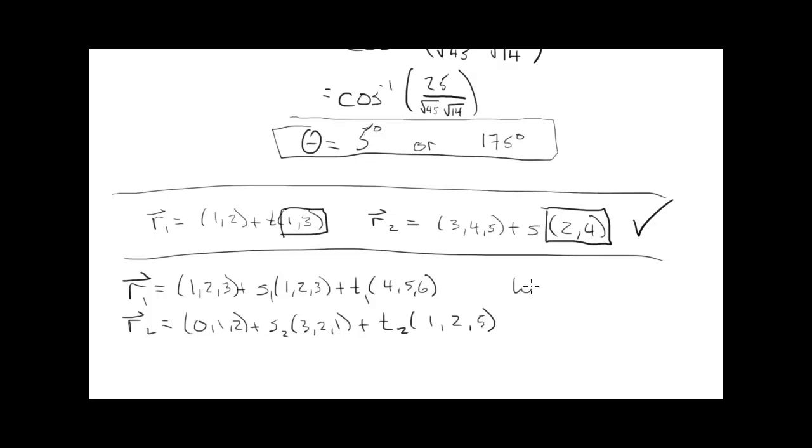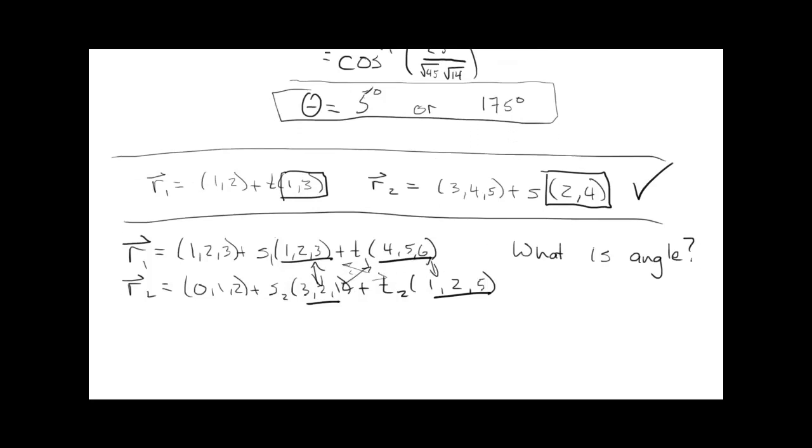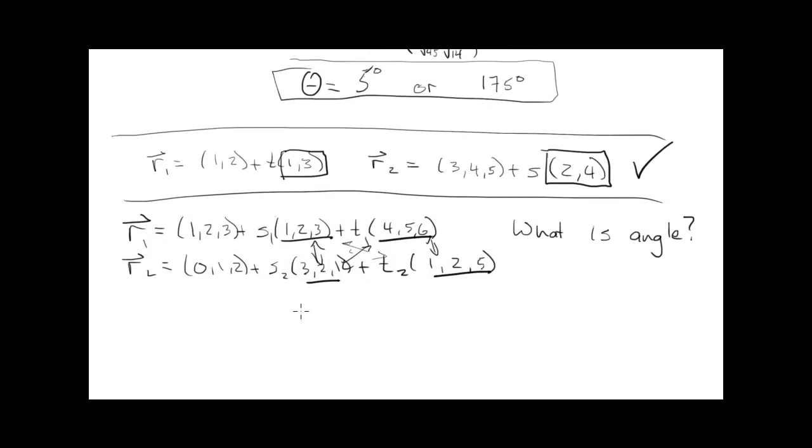I'm not going to do this one, but I'll just talk about it. Well, in R2, when we were just looking at lines, we just looked at the two direction vectors, found the angle. The problem here is this plane has two direction vectors. So do I find the angle between these two, or these two, or these two, or like, what do I do? There's too many direction vectors. And the answer is none of them will work. You can't do it for any of them.